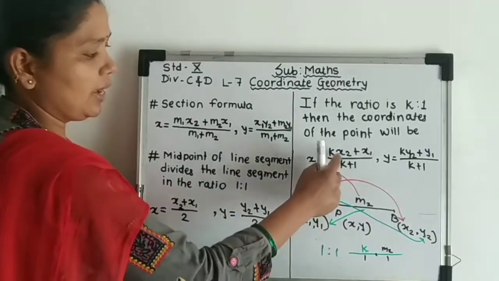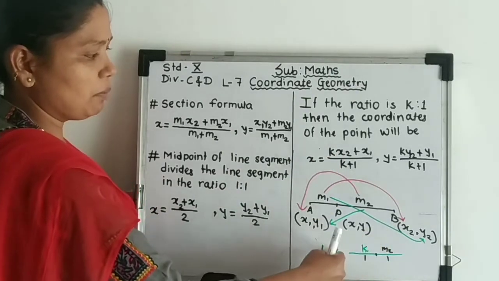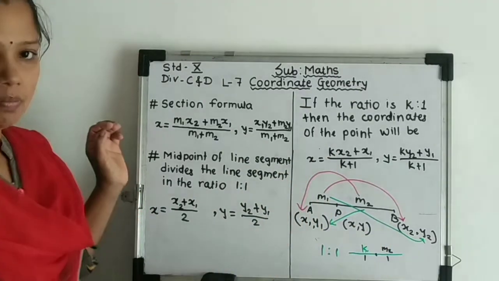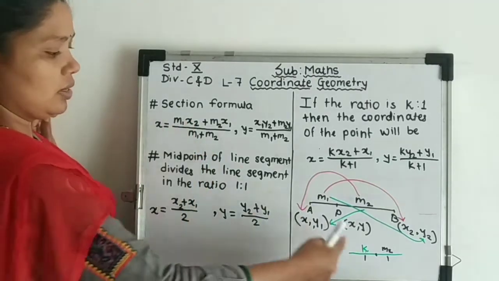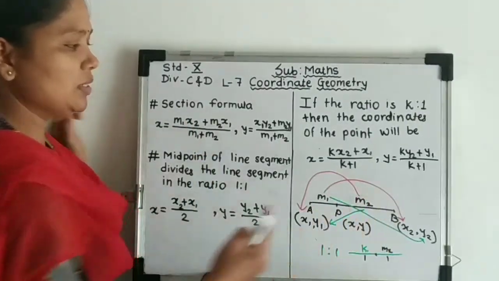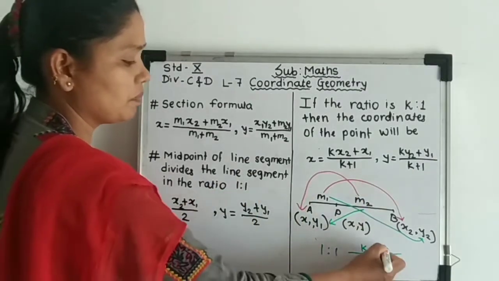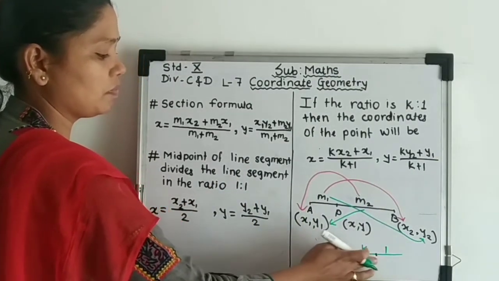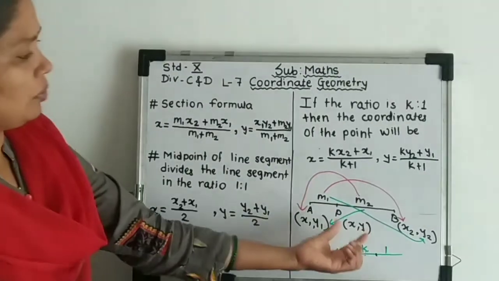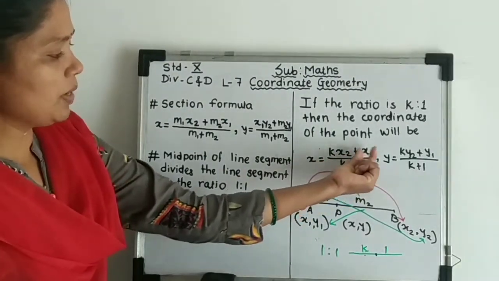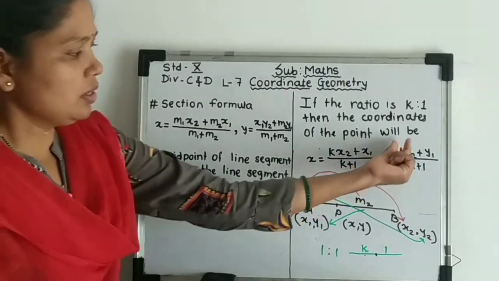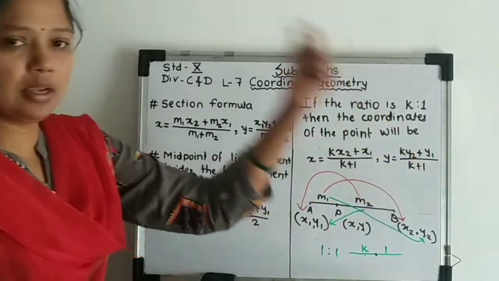K will multiply x2 and m2 will multiply x1. Same way, k means m1 and m2 means 1, so here we will write 1. Now it is kx2 plus x1 over k plus 1, and ky2 plus y1 over k plus 1.